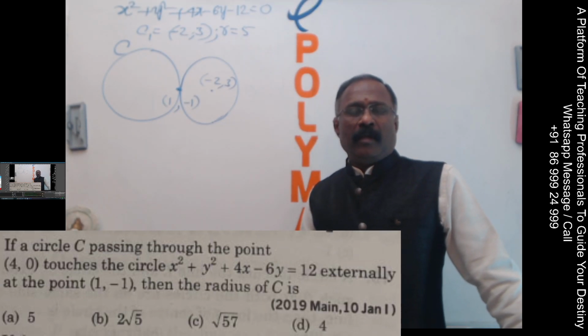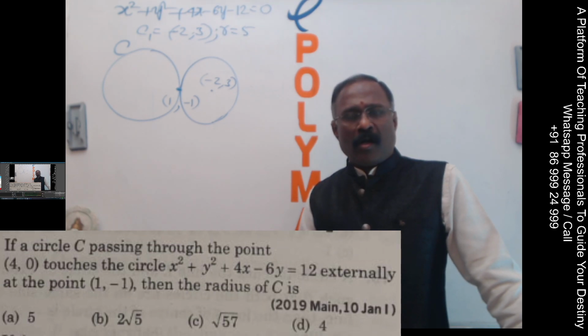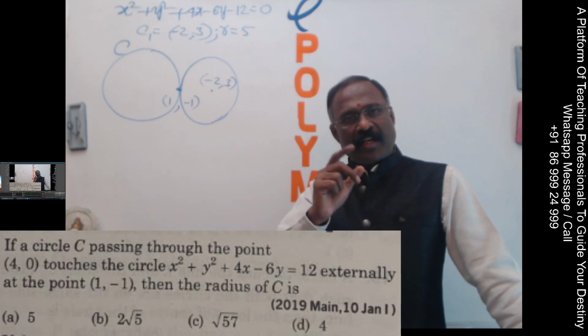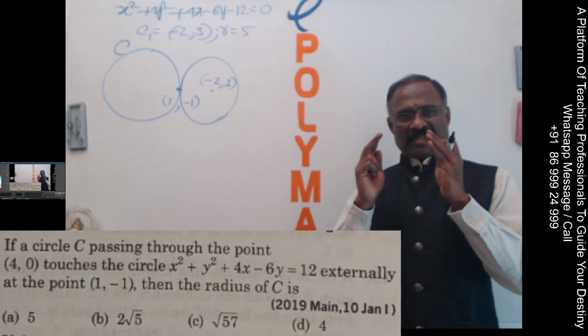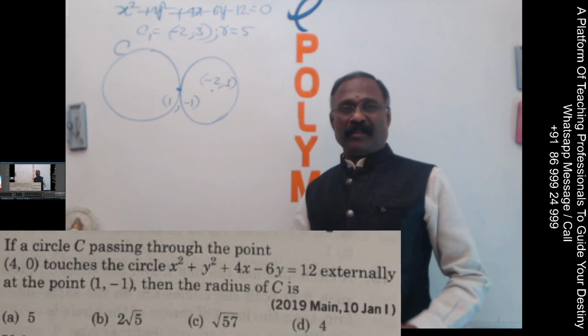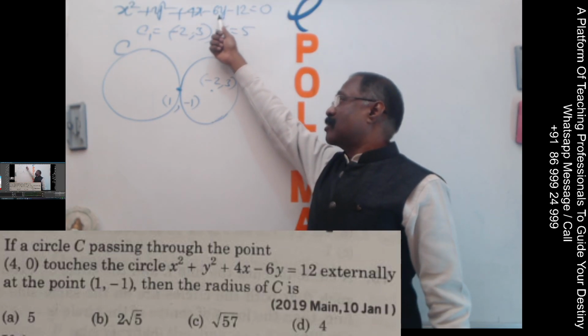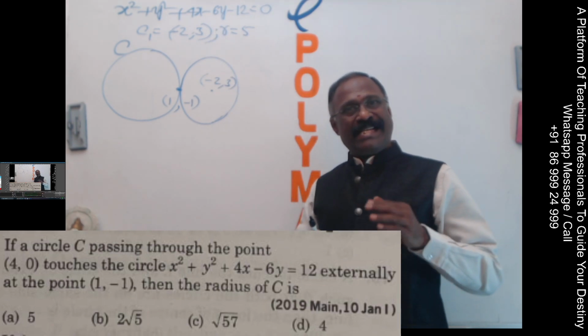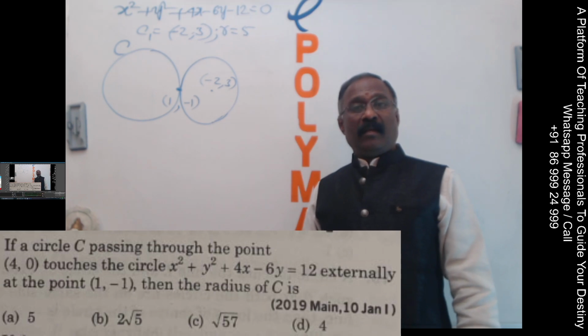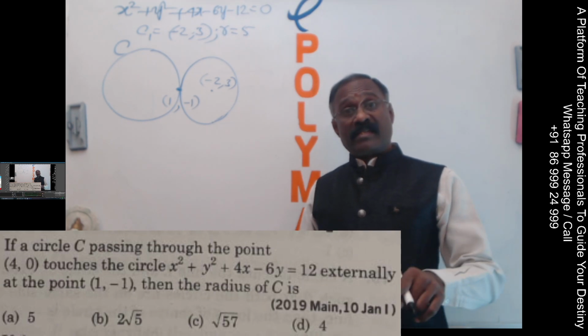So now, if you want the system of circles equation, you can make use of this circle equation, or you can make use of this circle equation. But what we need extra is the common tangent here.